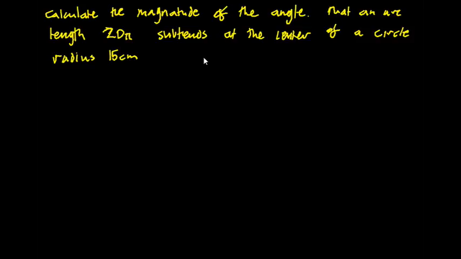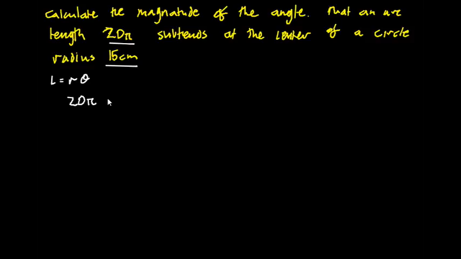And the second part says calculate the magnitude of the angle that an arc length 20 pi subtends at the center of a circle radius 15. So again, we've got L is R times theta. Our length we know is 20 pi, radius of 15.